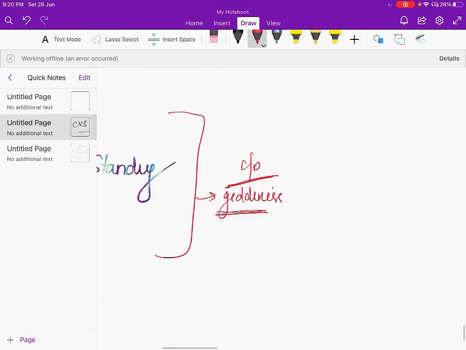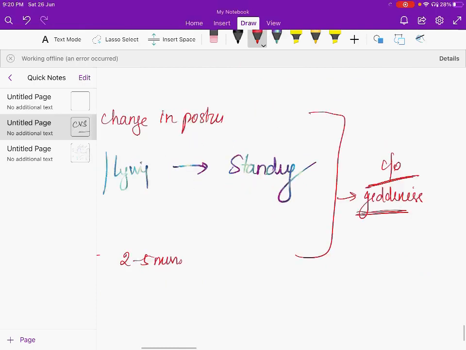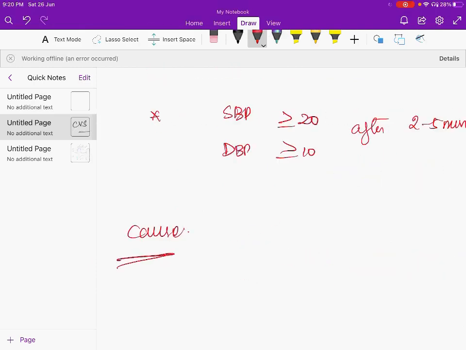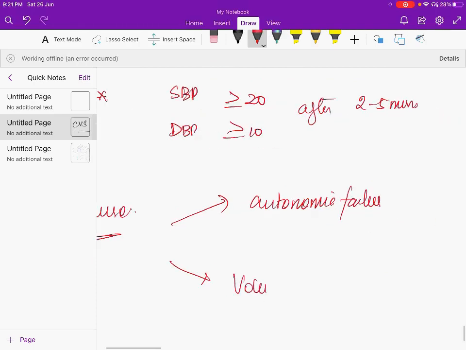So the causes of postural hypotension can be due to two causes: your autonomic failure or your volume depletion. Generally, when you go from sitting or lying position to a standing position, there will be venous pooling of the blood in the lower half of the body. So your body will try to compensate by increasing your sympathetic activity.